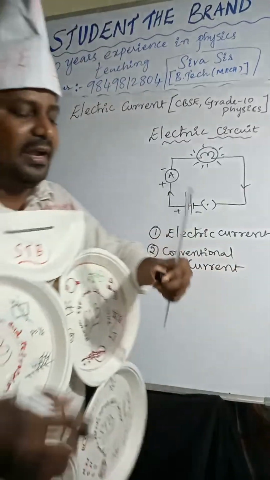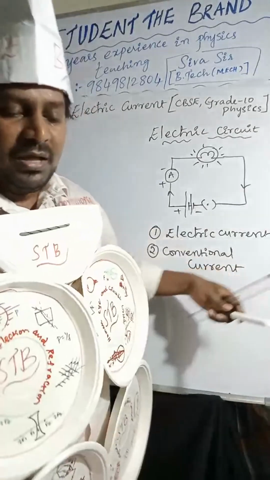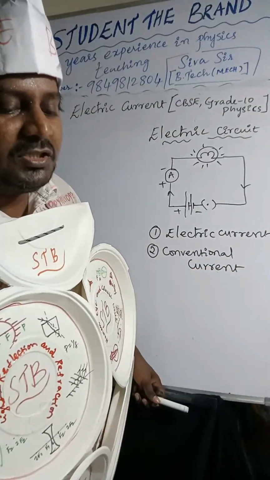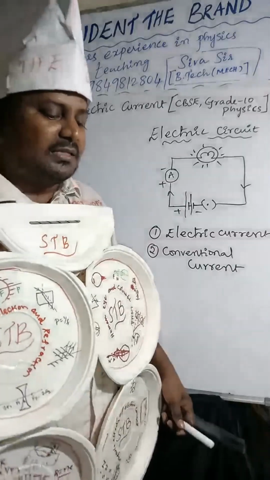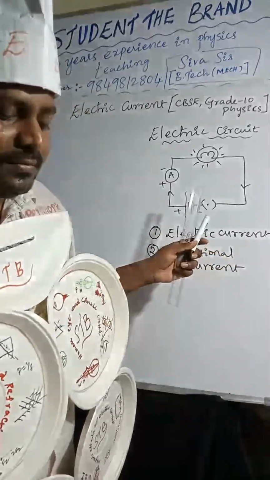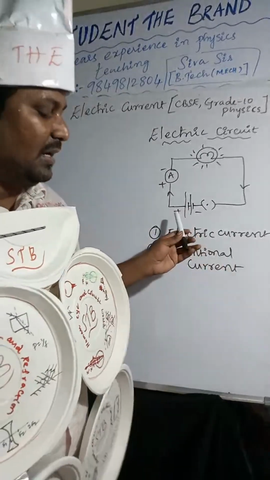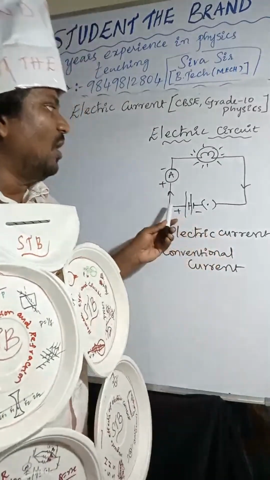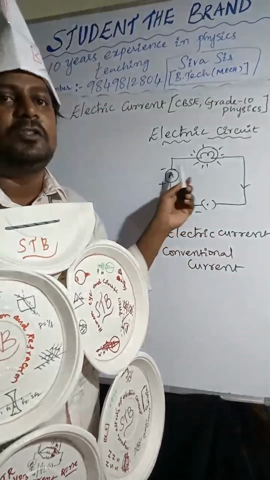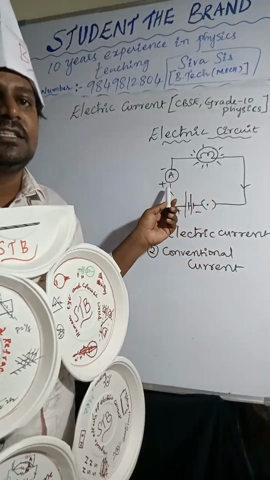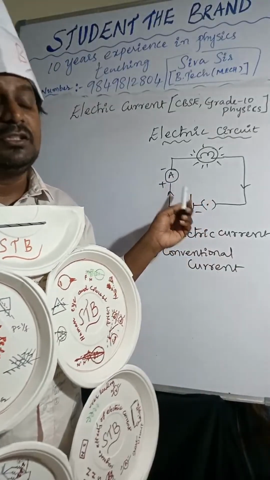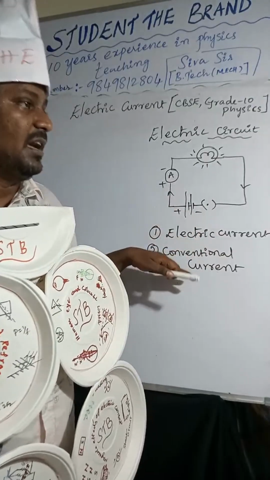Normally, before finding proton, neutron, electron, scientists already gave the definition: the flow of positive charges is known as conventional current.